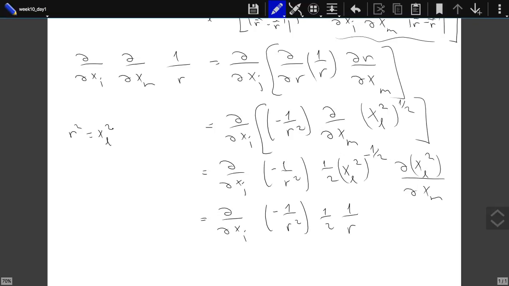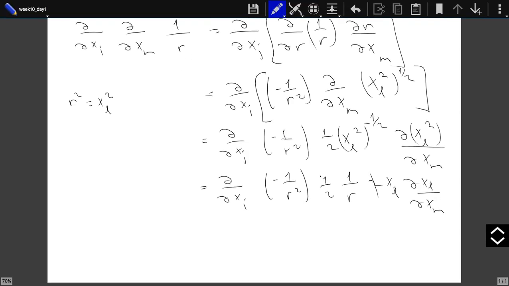So minus 1 over 2 power, it's for the sum. Yes, sure, it's the minus. First I am summing over l, then taking the minus 1 over second power. Derivative of x_l squared is twice x_l, times the derivative of x_l with respect to x_m. The 2's cancel.